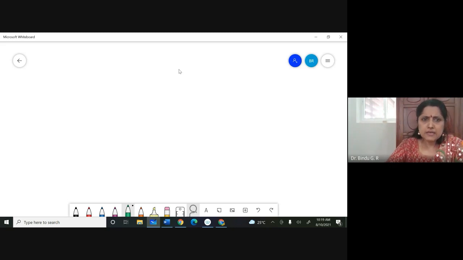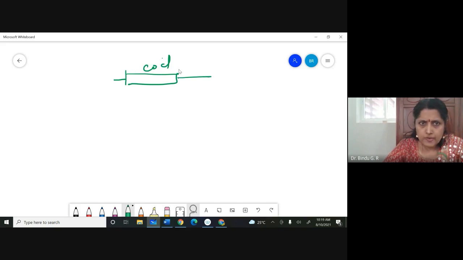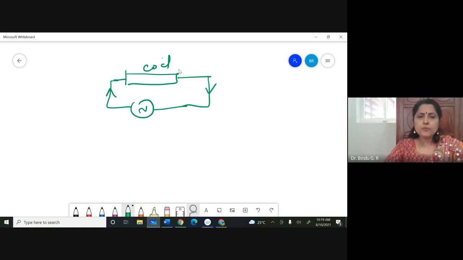Another mechanism is, if you have, say, a coil. Suppose I have a coil through which I pass a current, which is varying in nature, which means I have a magnetic field produced.